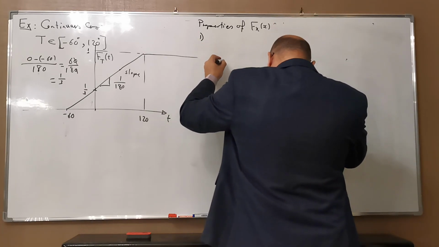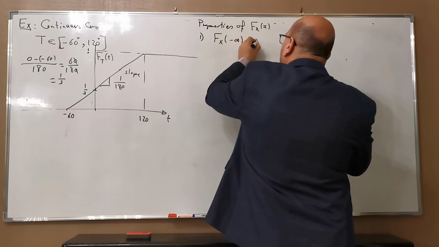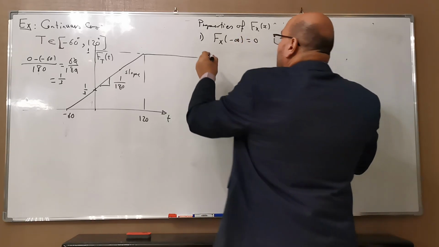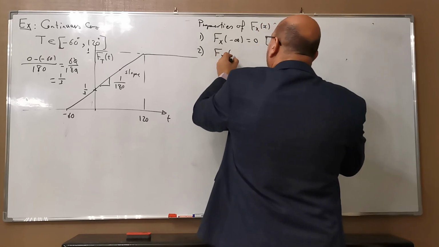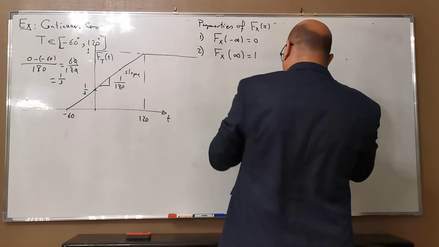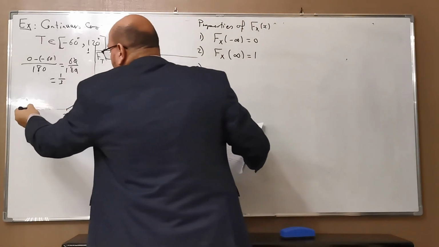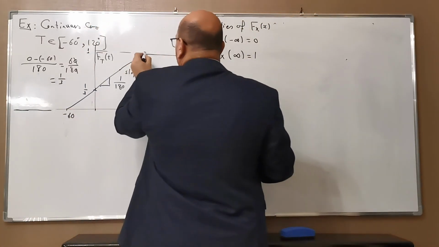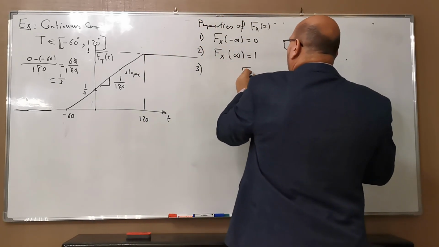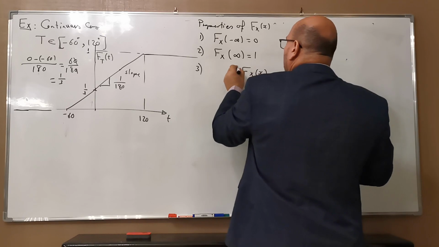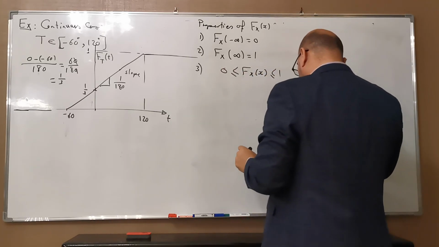Property number 1, fx at minus infinity is equal to 0. Second, fx at infinity should equal 1. Third, fx of x for any value is greater than or equal to 0 and less than or equal to 1.